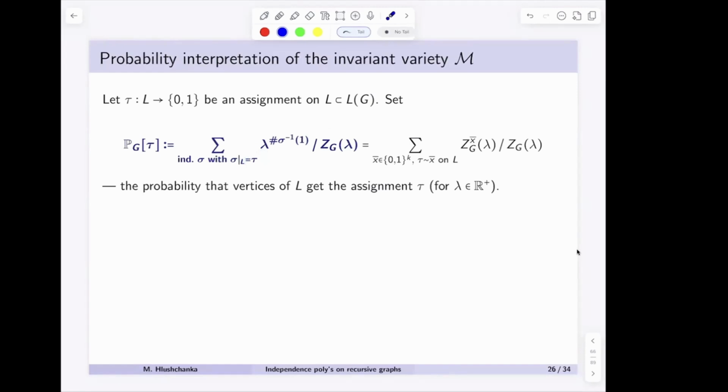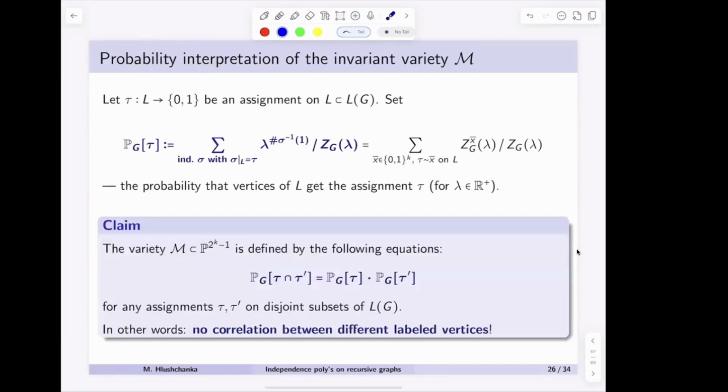So basically, P_G of tau is the probability that if I choose an independent vertex assignment randomly, then the vertices in the set L get exactly the assignment tau. So this is just what P_G of tau is.